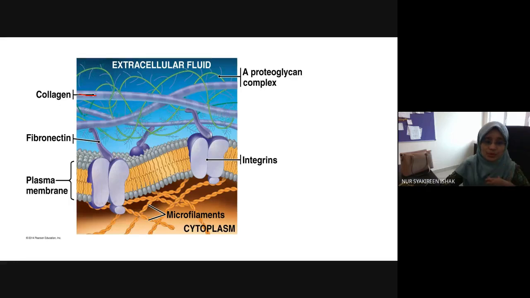To attach the collagen to the plasma membrane, you have fibronectin. Fibronectin attaches the collagen to the integrins. What are integrins? Integrins are proteins that are embedded in the plasma membrane. So fibronectin functions to attach the collagen to the integrins of the plasma membrane.